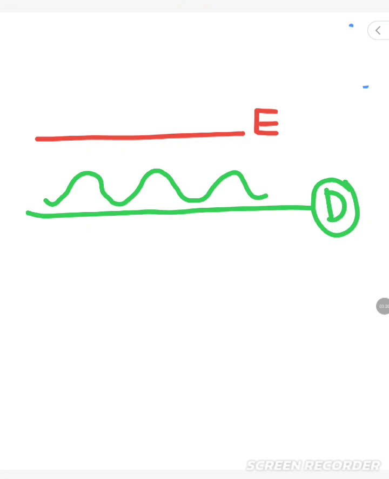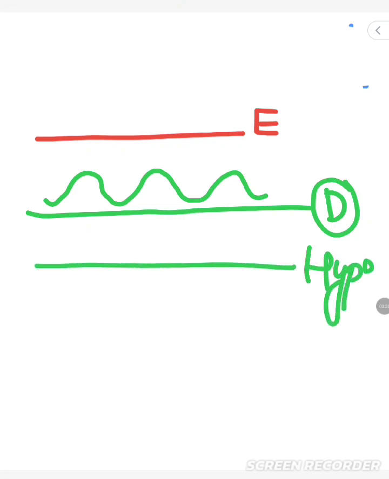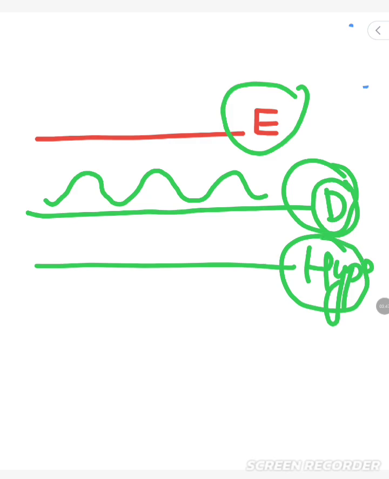Below the dermis we have hypodermis. This epidermis is made up of the cellular layer, that is keratinocytes. This dermis is made up of collagen and elastic fibers. Hypodermis is made up of fat cells.